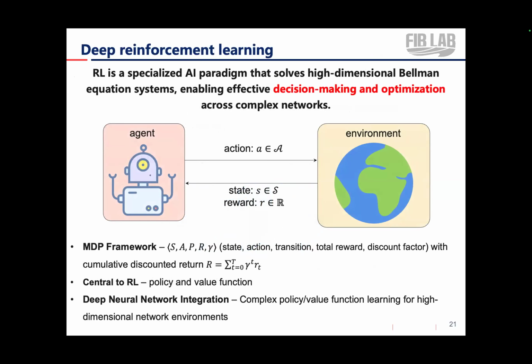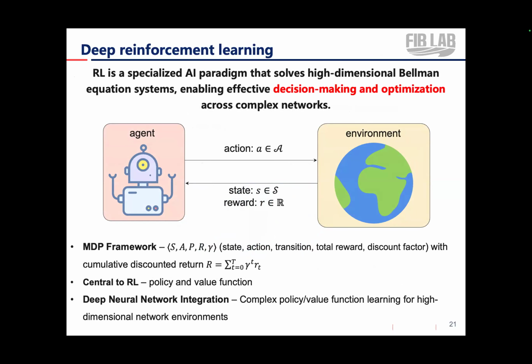And the second technique we think is important is deep reinforcement learning. We know that RL is a specialized AI paradigm that can solve high-dimensional Bellman equation systems, and it enables effective decision-making and optimization across complex networks.